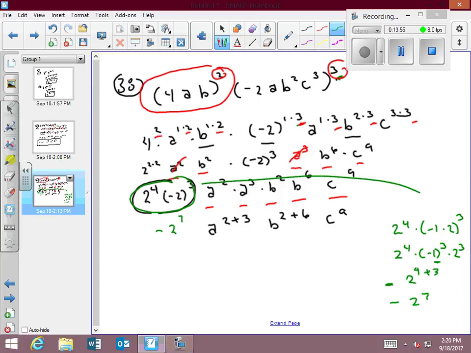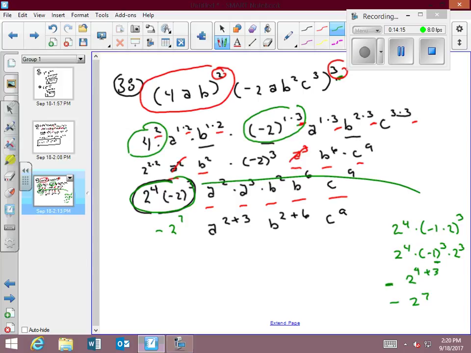If it worries you, then take this number right here, multiply it by this number right here, and you'll get a negative 128. And negative 128 is the same as 2 to the 7th power.